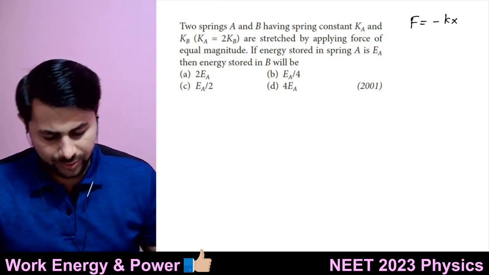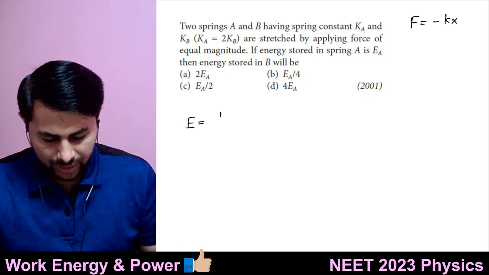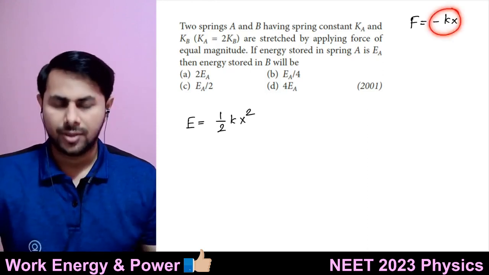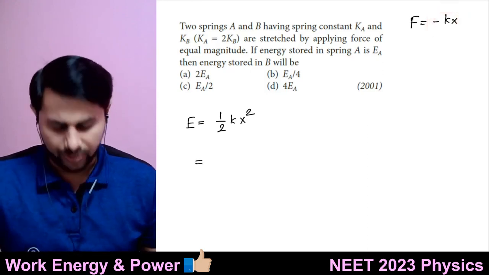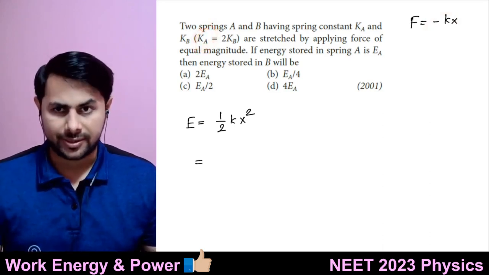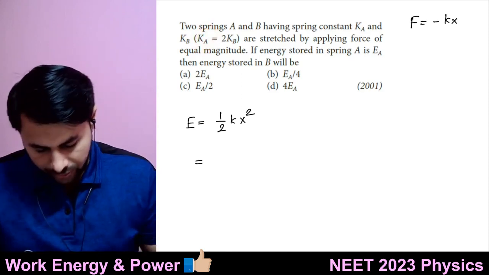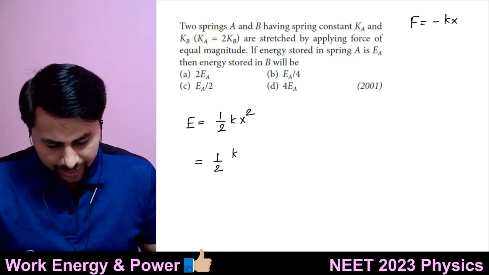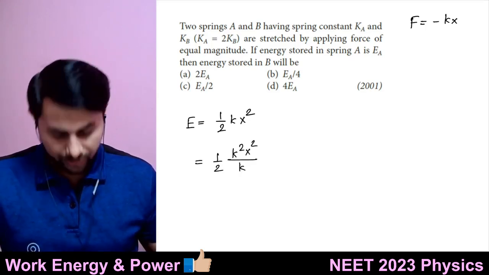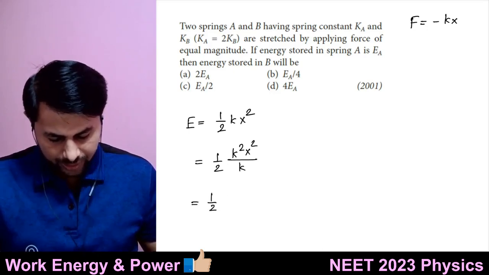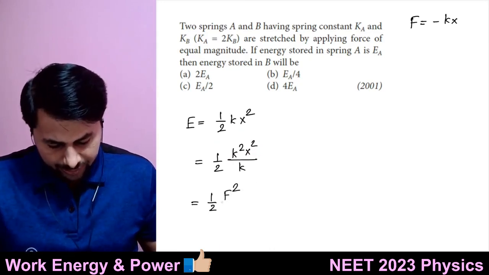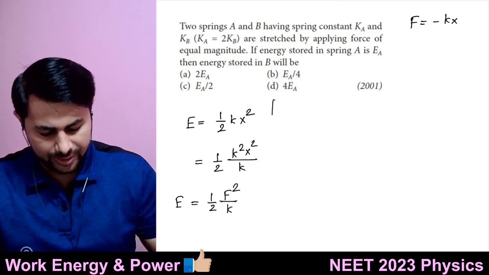Now for energy stored, we have the formula half of K into X square. Because force is equal, I will bring force into this formula. I am given K, but X is not given. So I will multiply with K, so that this becomes K square X square, and divide by K. This becomes half of F square divided by K. This is my formula for energy.